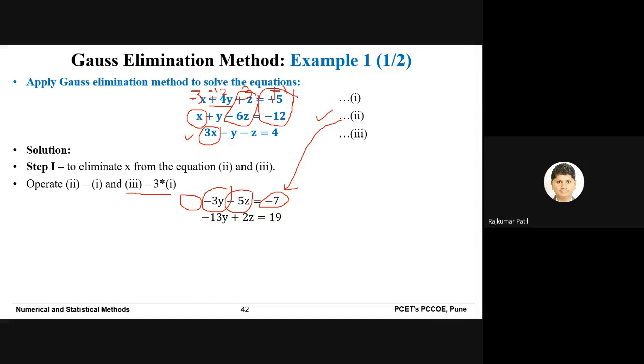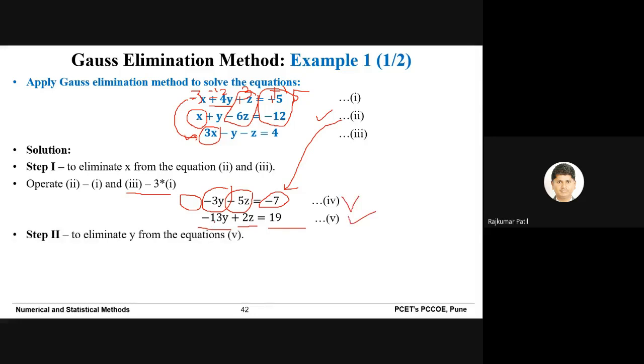This is how you can modify equation 1 and take the difference of 3 and 1, and you will get minus 13y plus 2z equal to 19. Let's say these are equation number 4 and equation number 5.